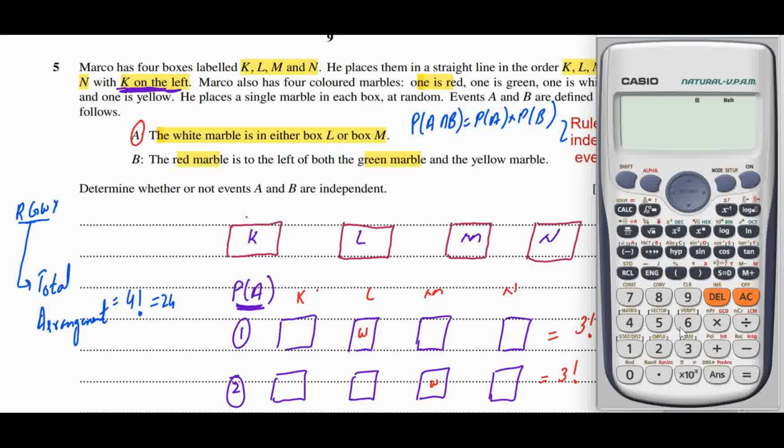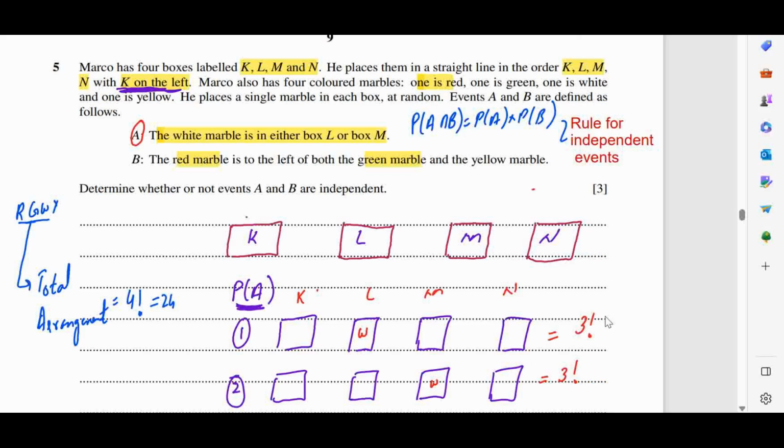3 factorial equals 6, which means this will be 6 and this will be 6. If we add these two, this will be 12.